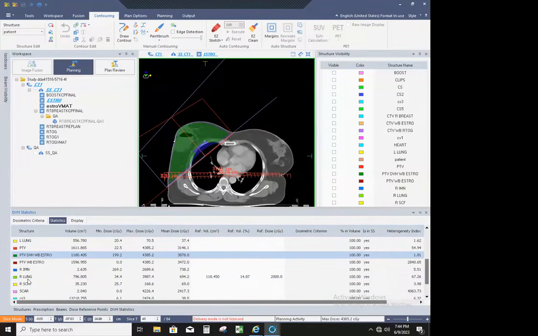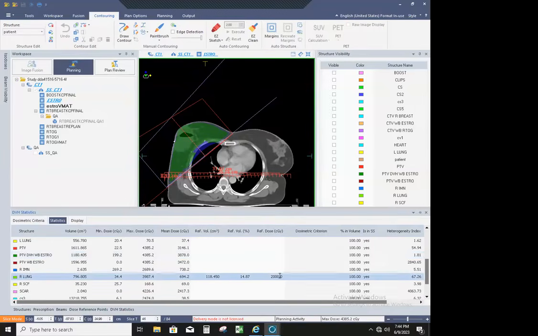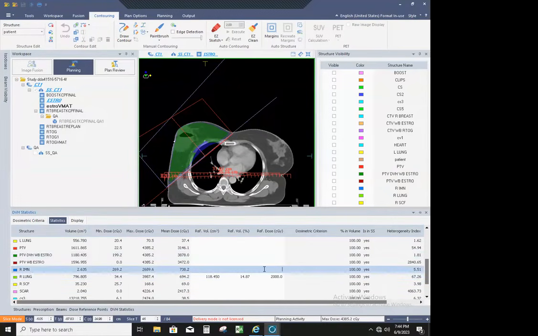If you see the right lung, even with 2D, the dose going is under 20 Gray, V20 is 14% only. So again, we have to see the IMN, how it is, usually 90-95%, how it is.